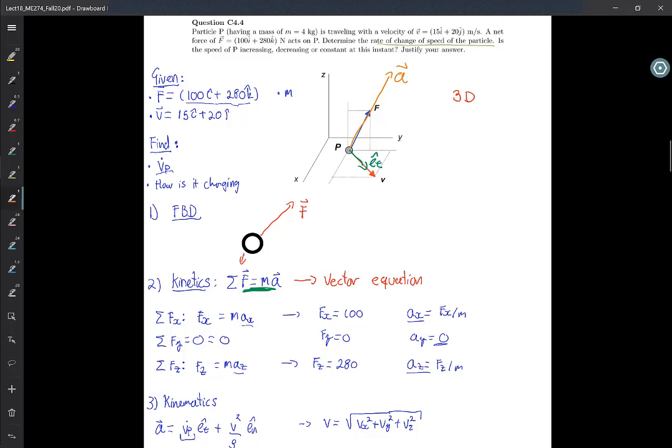So if we have the acceleration vector and the force vector, do we know or can we approximate more or less where the normal component that accompanies the tangential component in path is?